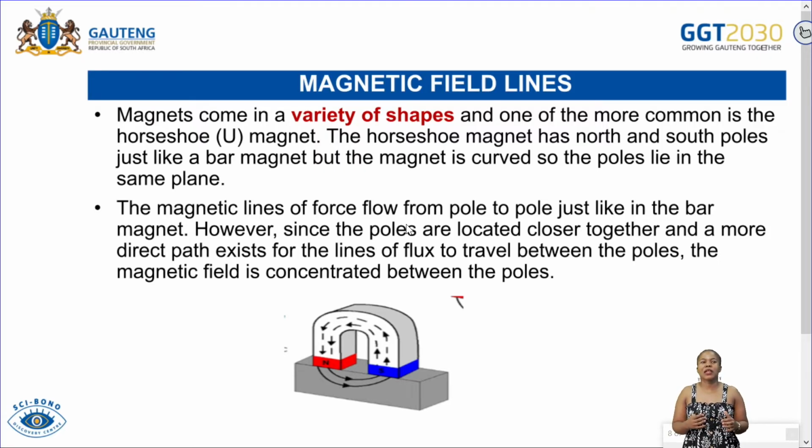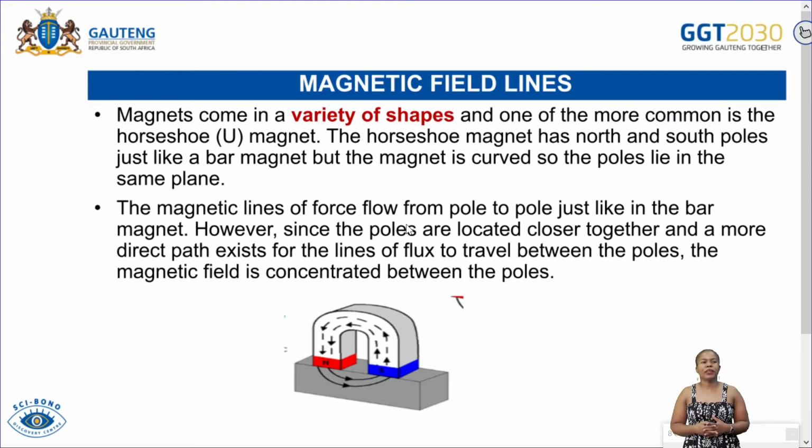Now, the magnetic field lines flow from pole to pole, remember, and the direction of the movement of these field lines is that on the outer part, it's moving from the North Pole to the South Pole. South Pole is receiving, that is externally, but then they move continuously from the south to the north on the inside of the magnet. But in this case, we're talking about the horseshoe, which is a U-shaped magnet.